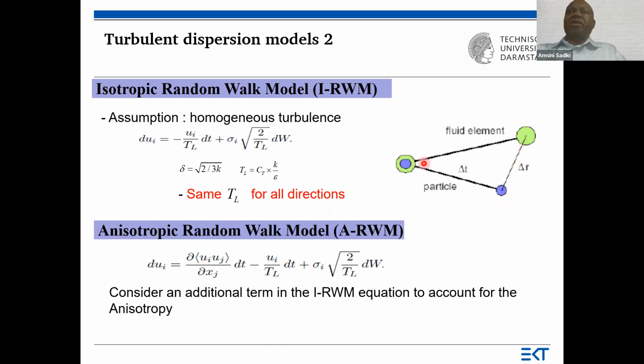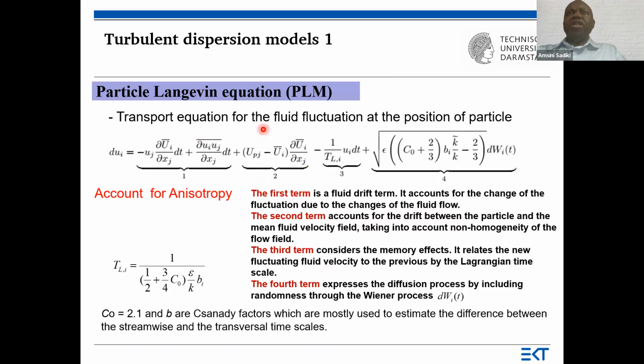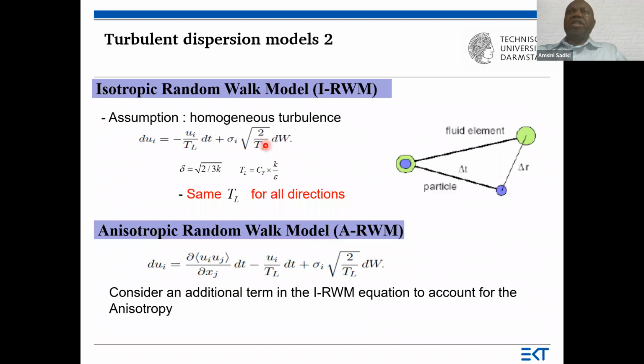So if we assume that we have to deal with homogeneous turbulence, all the terms in which we have the gradient part disappear, and we don't have this complex term, and we have only this memory effect here and the Wiener term, and this is a variance part, and we can get all these quantities very simply.